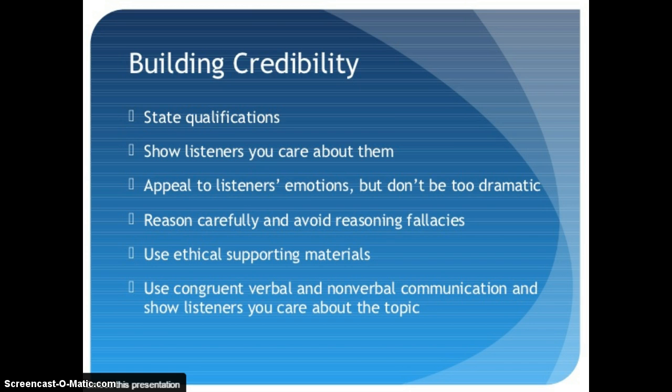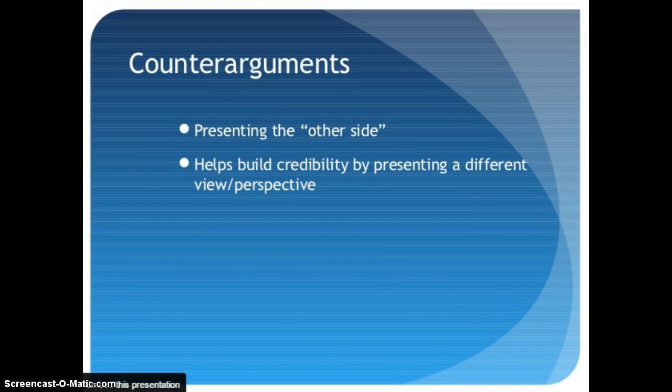Counter-arguments. Counter-arguments are important because in a persuasive speech or in any type of persuasive argument, people tend to believe others more if they present both sides of an argument, pros and cons. So it's just the presenting of the other side. It helps build credibility because you are presenting the other side. You're uncovering it. You're unveiling it. You're not trying to hide it.